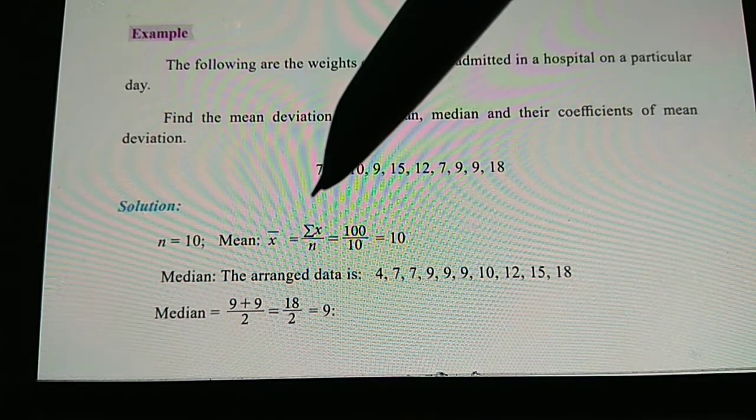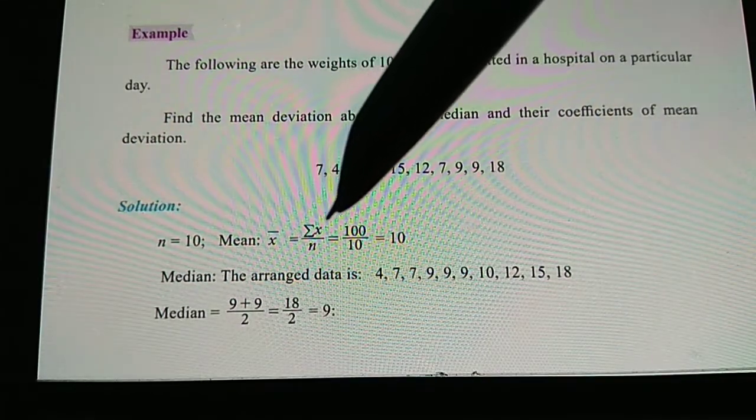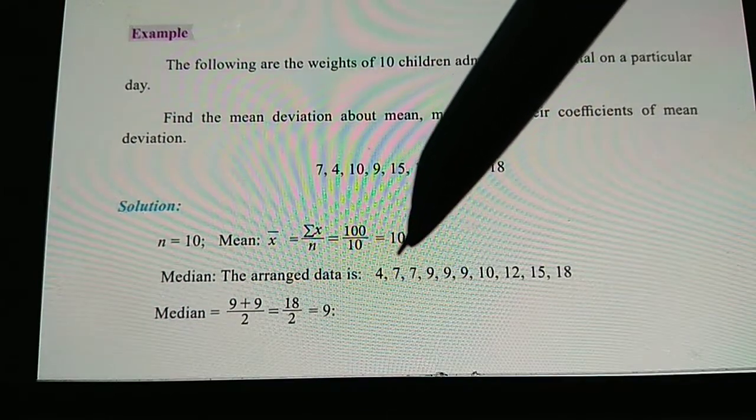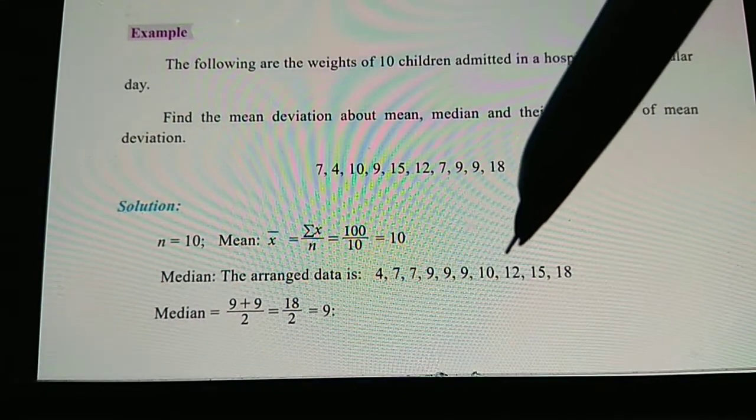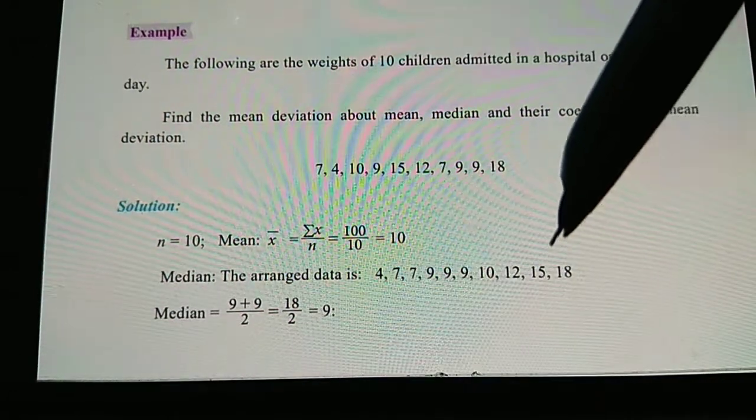For the median, arrange the data: 4, 7, 7, 9, 9, 9, 10, 12, 15, 18.